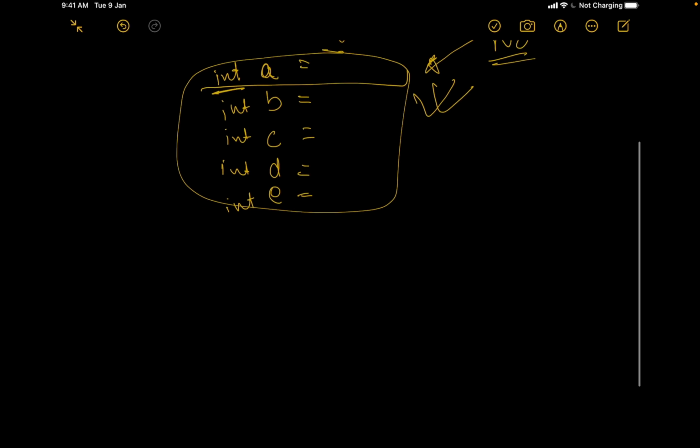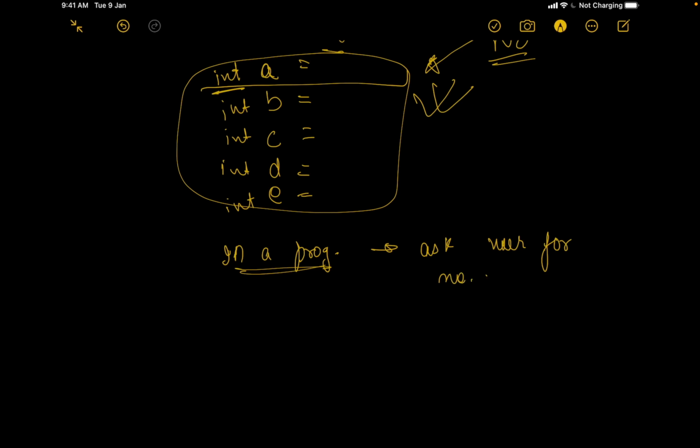Also, one of the problems over here is, what if I'm not initially telling you the number of variables you're going to use? I can say that in a program, first ask the user to tell the number of variables, and then take the inputs from them.